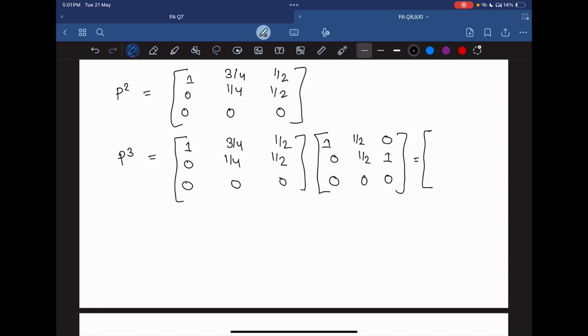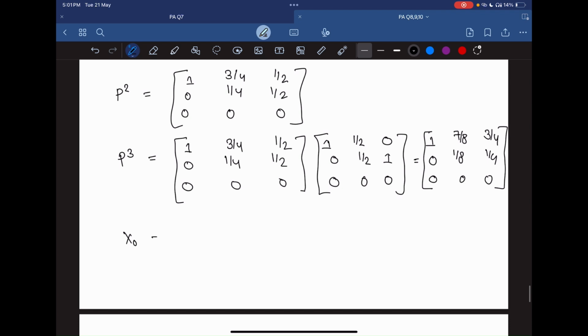So what we get is 1, 7/8, 3/4; 0, 1/8, 1/4; and the last row is 0. So this is our P cubed matrix.